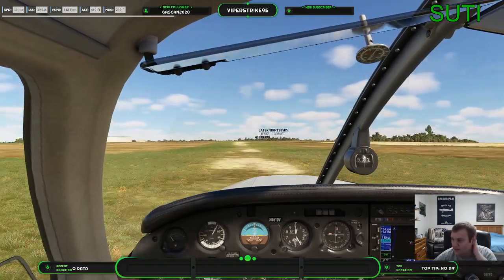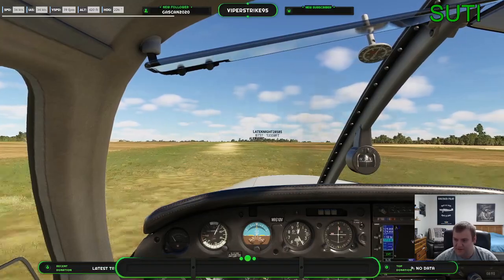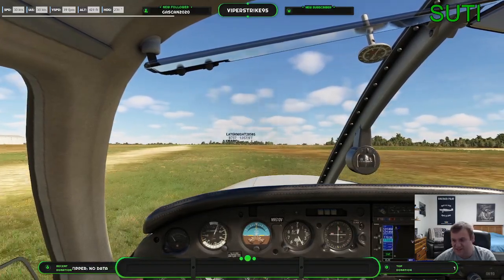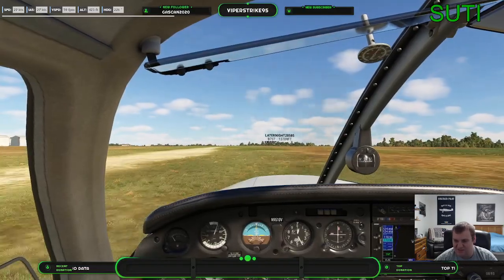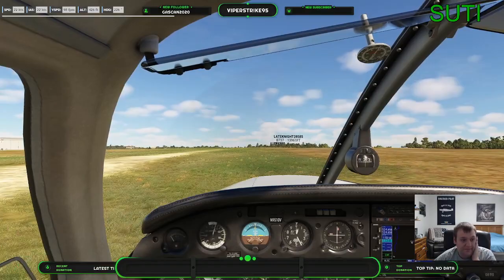Pretty smooth landing. Oh, nice, in the CG4. Cool. Yeah, the CG4, very nice business jet. That's actually what I started my journey in, the good old CG4, back in the old days.